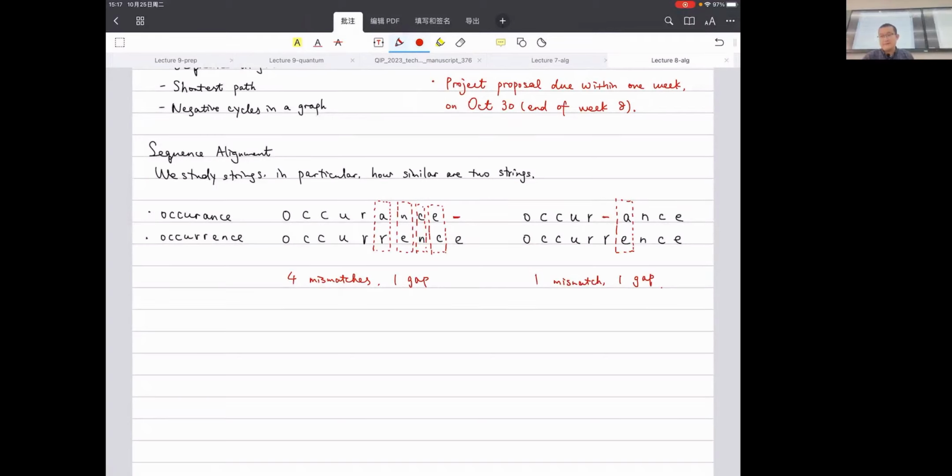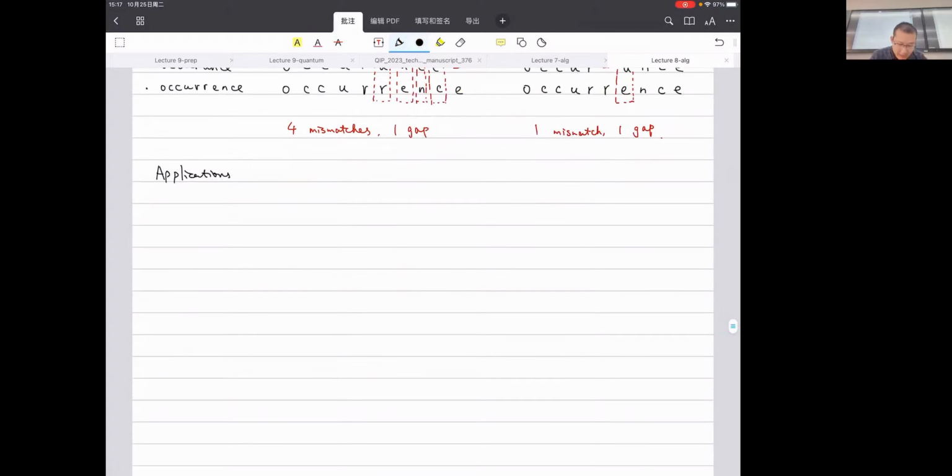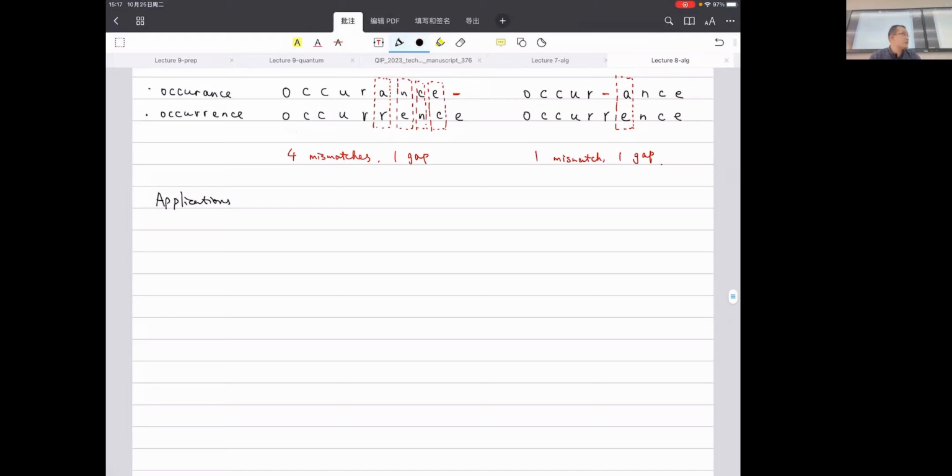But let's first mention a few applications for sequence alignment. Sequence alignment is so important in general, for instance, in coding. In Unix systems, there is a function called diff.